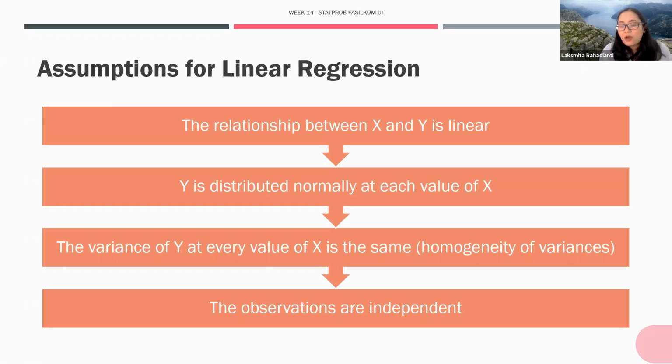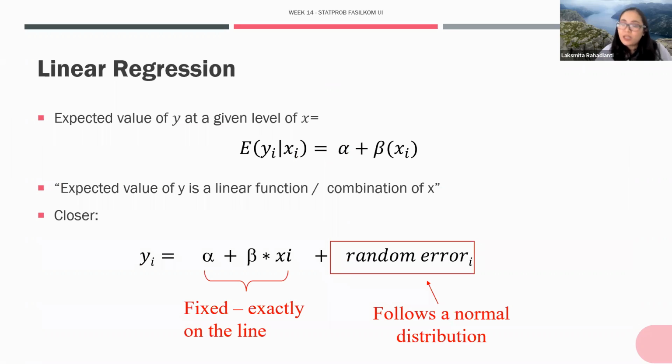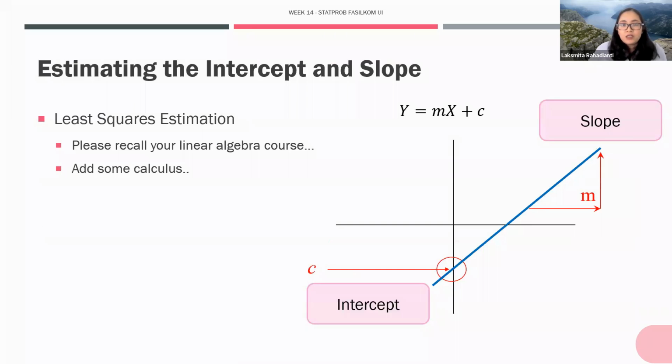So now when we have x and y, we now need to estimate m and c if we are going to use the initial line equation, or in statistical terms, the alpha and the beta coefficient. So remember this line, we have the slope and we have the intercept.